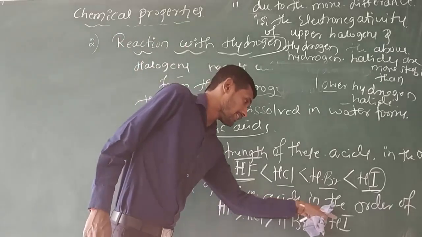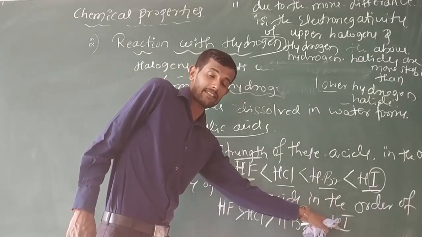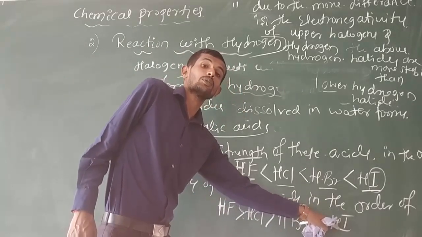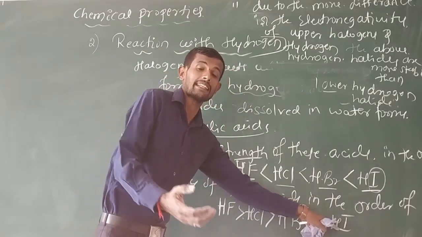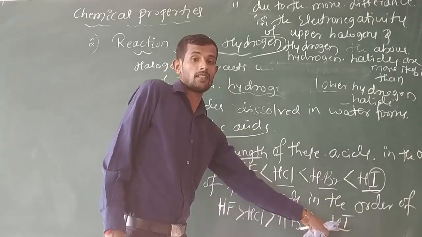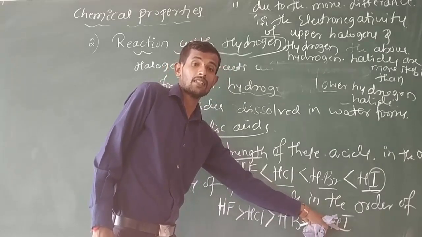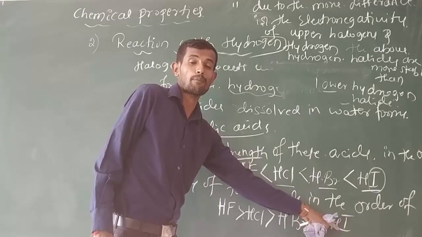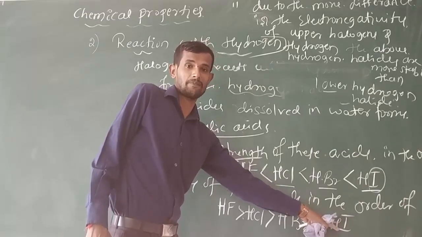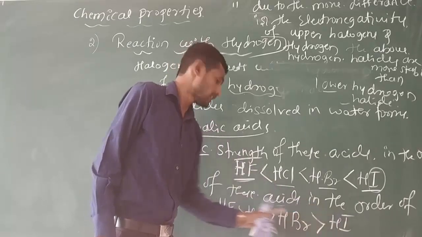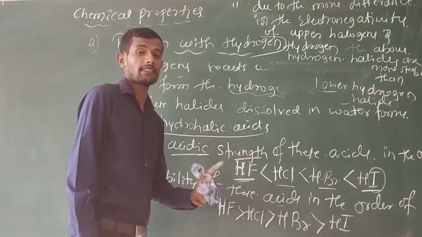When the bond strength decreases, the stability also goes on decreasing. Remember, students, stability is directly proportional to the bond strength. When the bond strength decreases, stability also decreases.